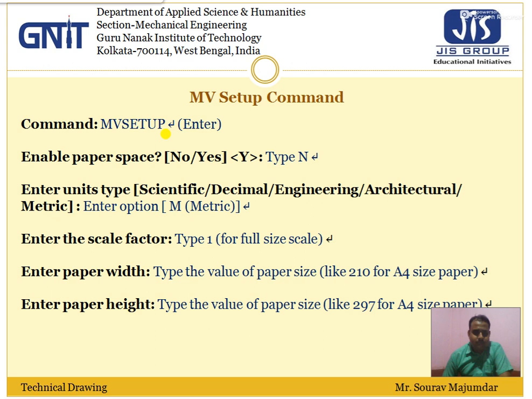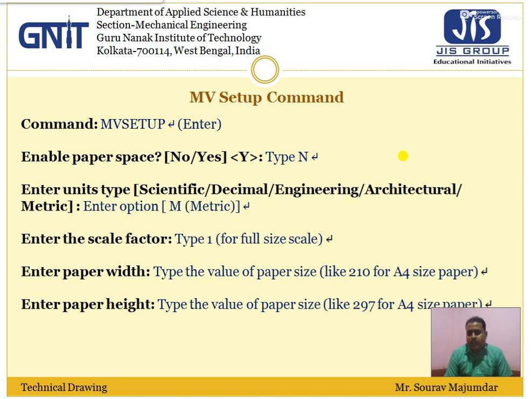Then the next step is shown in the command box. You should always follow the command box; each and every step is described there. Just follow the command box and give your input, and ultimately you will reach your goal. In the next line, it will ask you to enable paper space, no or yes. Our answer is no. We are not enabling paper space, so just type n for no.